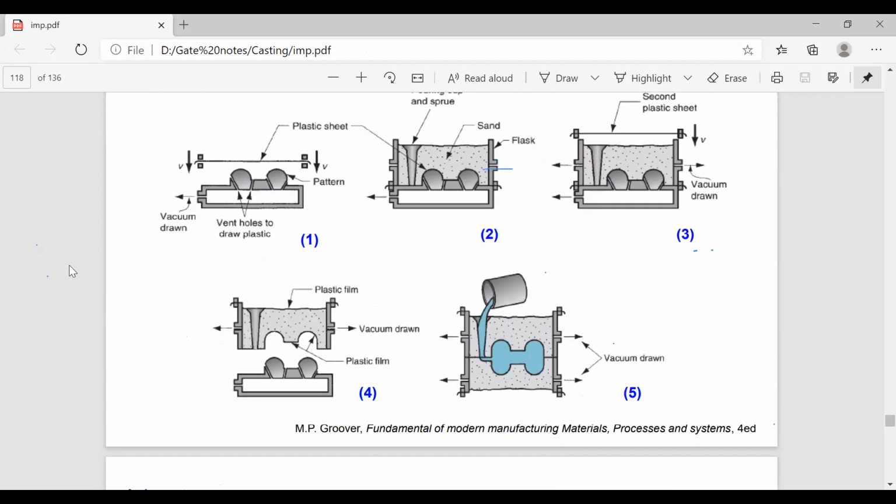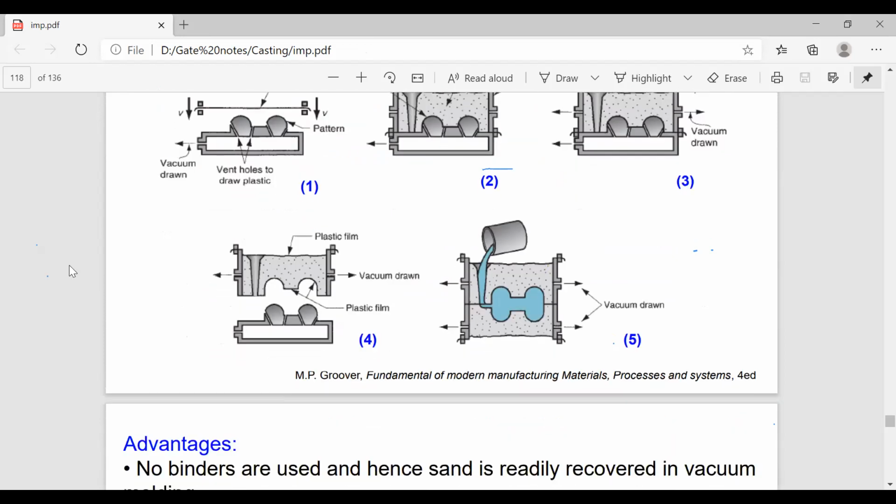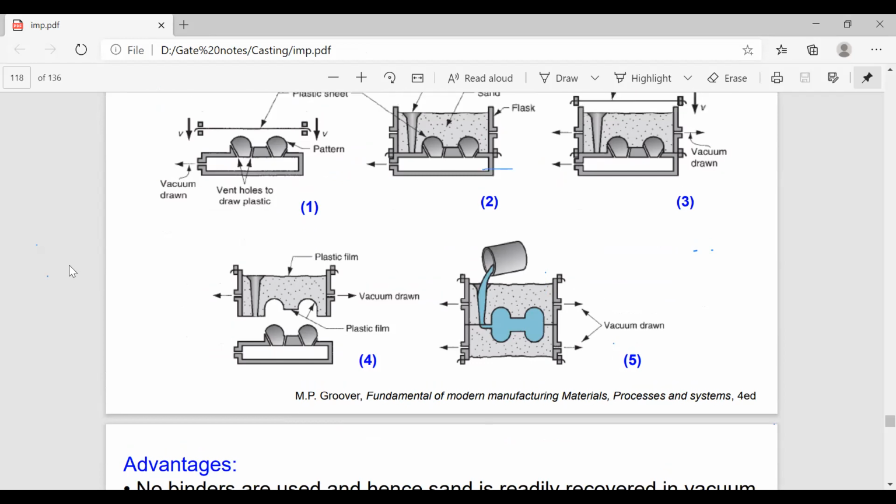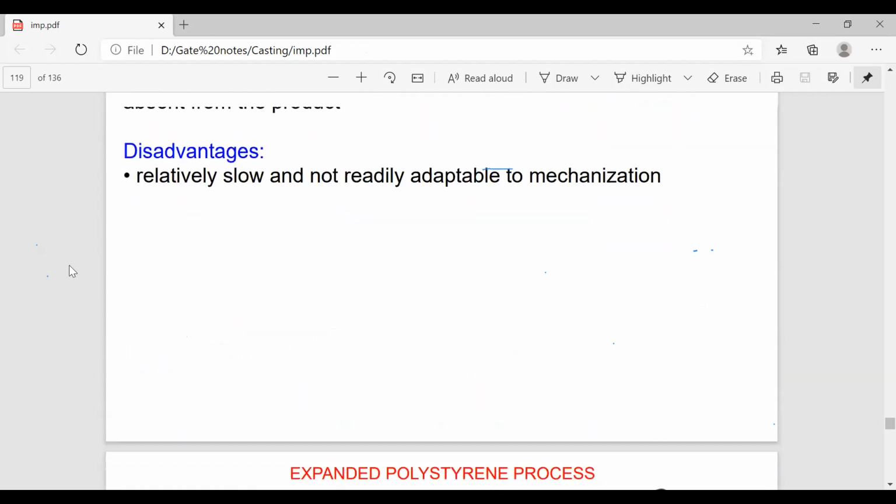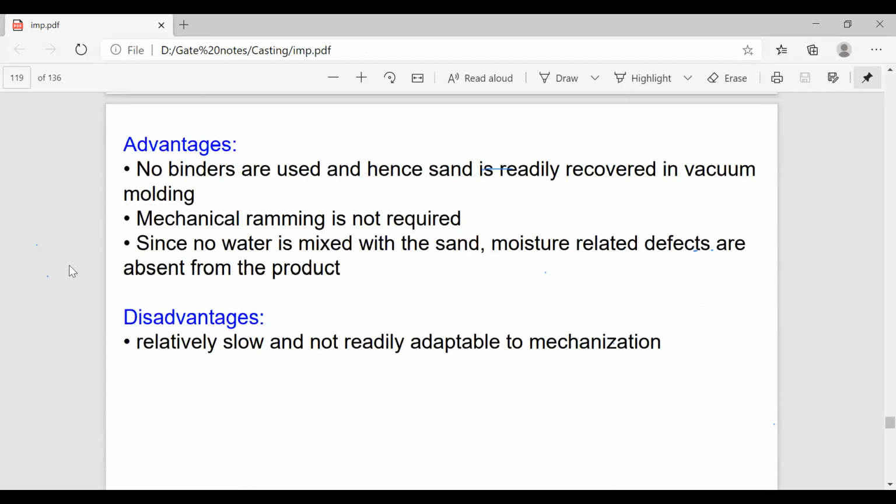So in this, because of vacuum pressure, the sand is held, and now you will get some pattern like this. Now you can pour the molten metal here, and you will get the finished casting. The advantage here is that no binder is used, hence sand is readily recovered.